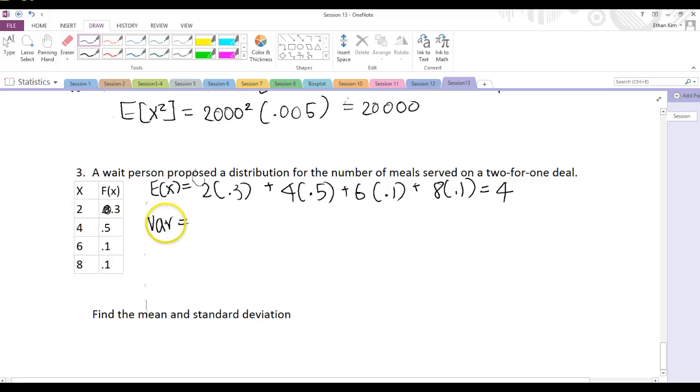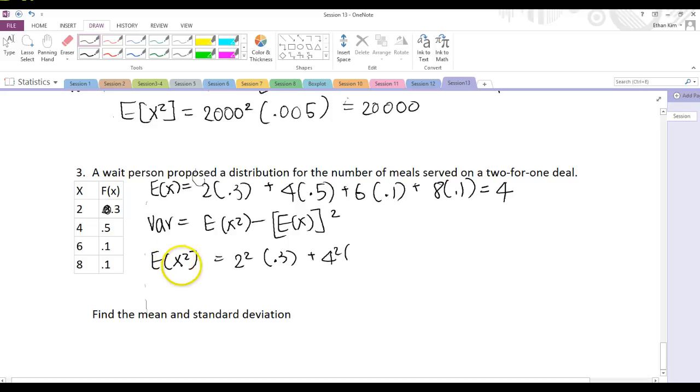Looking for variance, again, second moment minus first moment squared. Since we have the first moment, we're going to look for the second moment, expected value of x squared. That's going to be 2 squared times 0.3 plus 4 squared times 0.5 plus 6 squared times 0.1 plus 8 squared times 0.1.